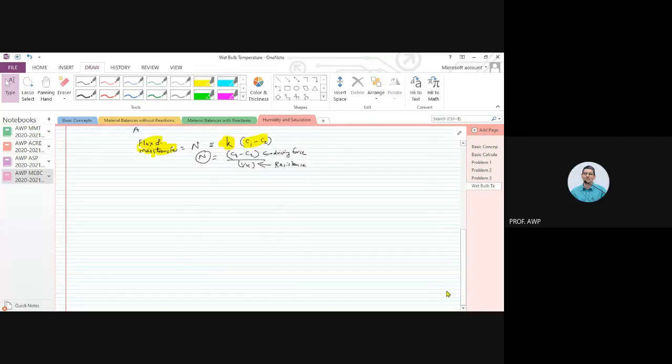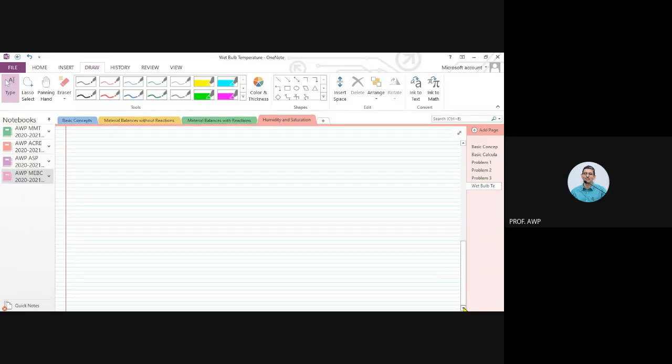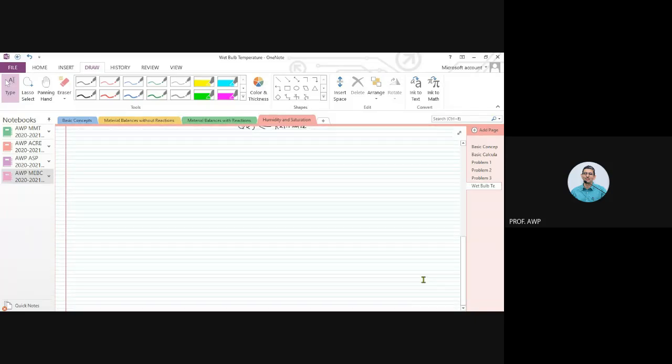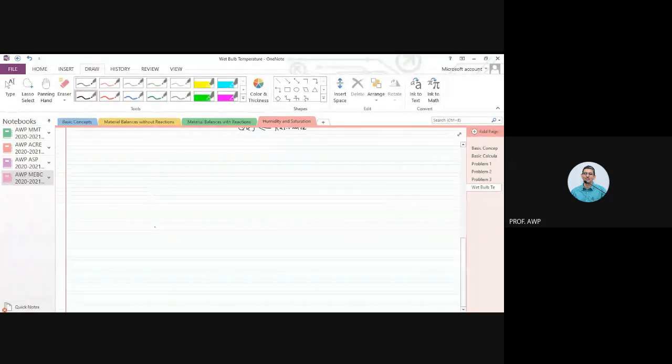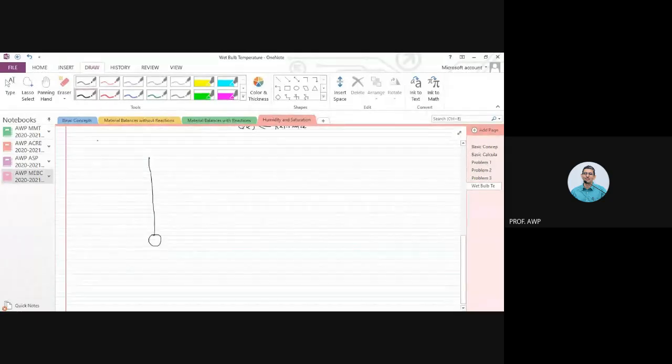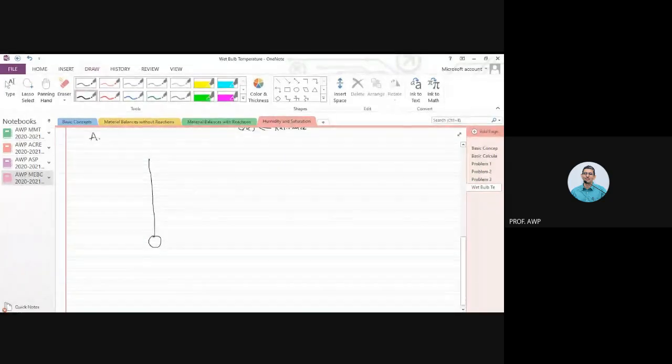Now we are going to apply both these concepts to a situation, right? So imagine that there is a thermometer. Let's say it is in ambient air.